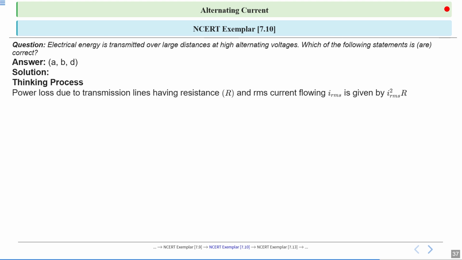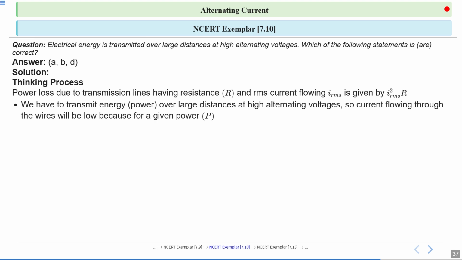Power loss due to transmission lines having resistance R and RMS current flowing is given by I_RMS squared R. We have to transmit energy over long distances at high alternating voltages, so the current flowing through the wires will be low for a given power P. If we increase the voltage for transmitting electrical energy over long distances, we do it to minimize the power loss. So low current flows through the wires, and low current implies lower power loss.